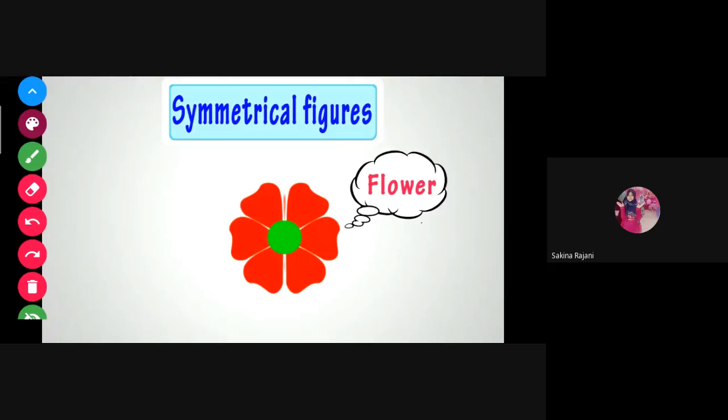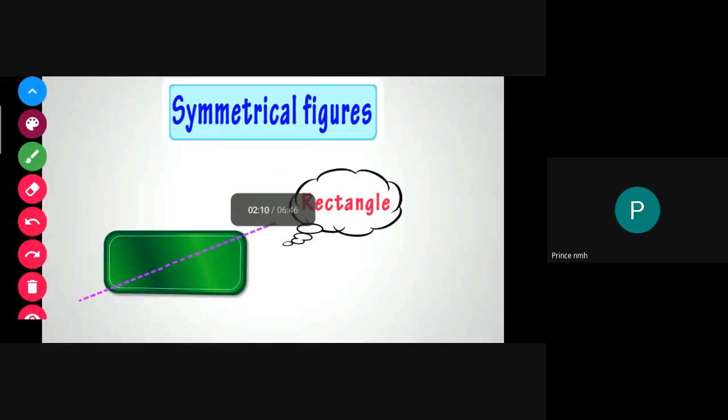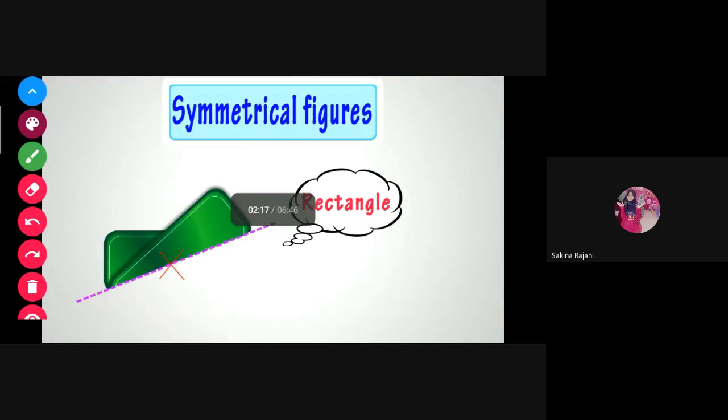We will draw a vertical line. Yes, ma'am, we can do horizontal also. Horizontal and vertical both.